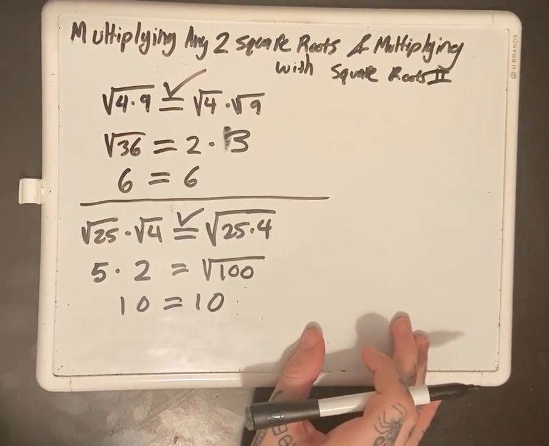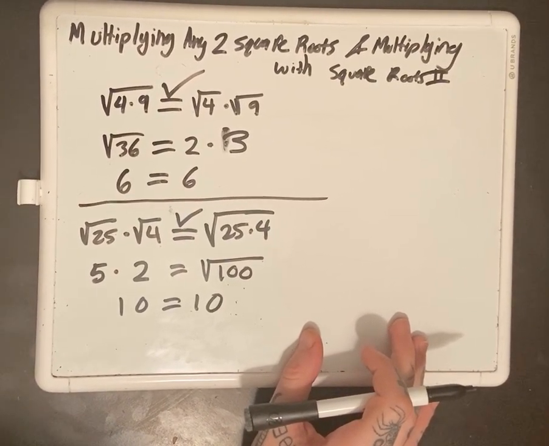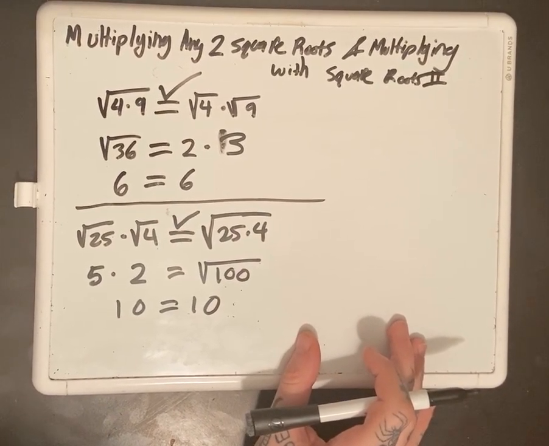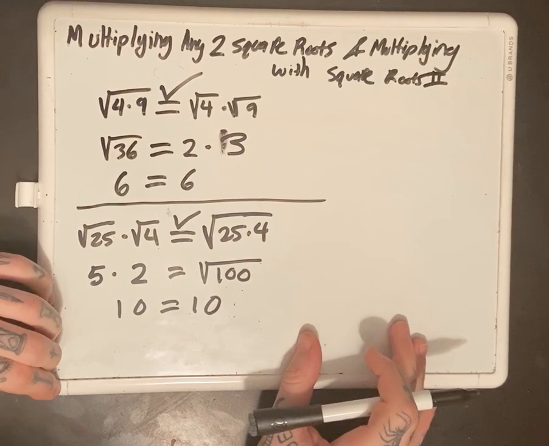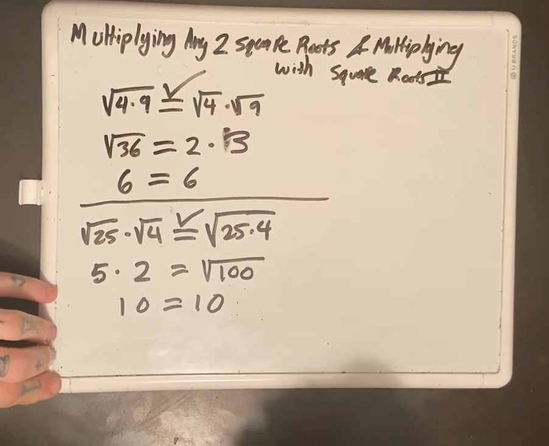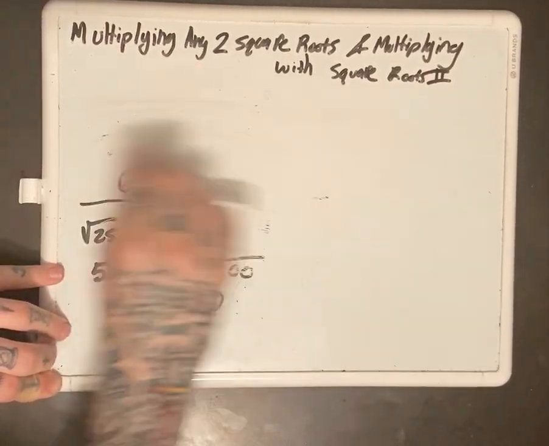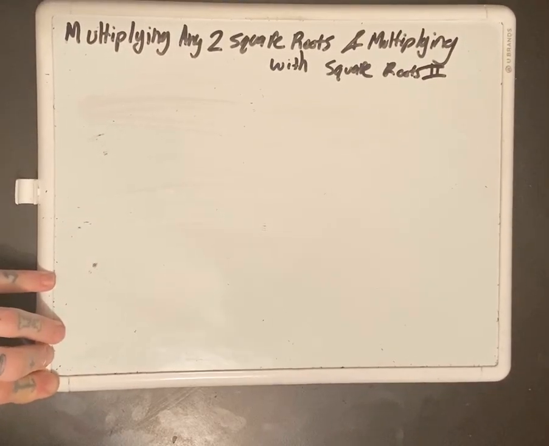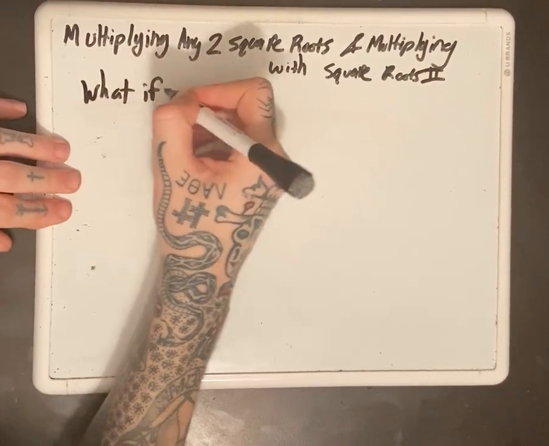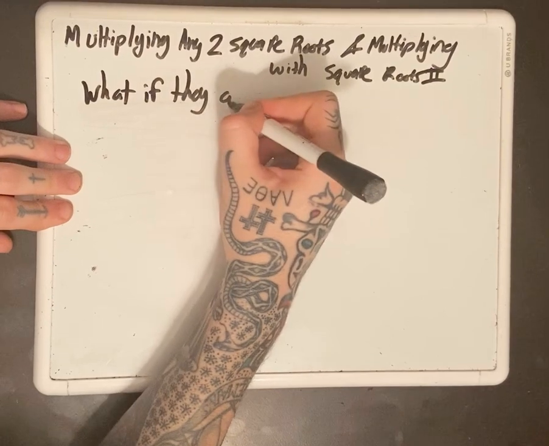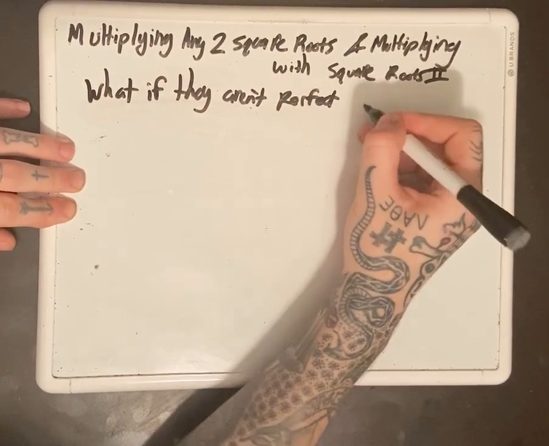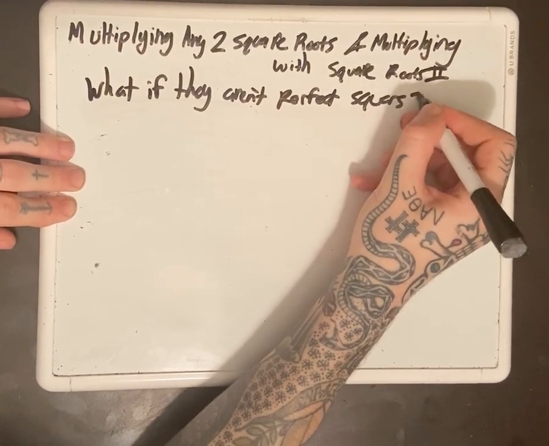So, why does this help us? What if they aren't perfect squares?